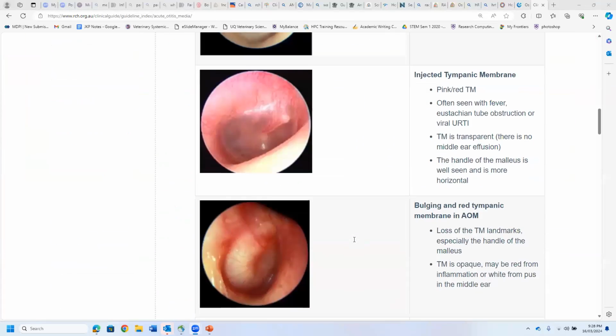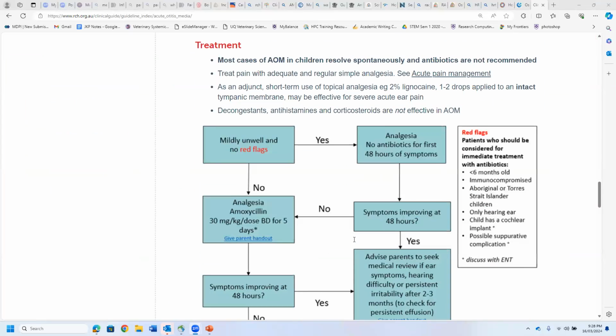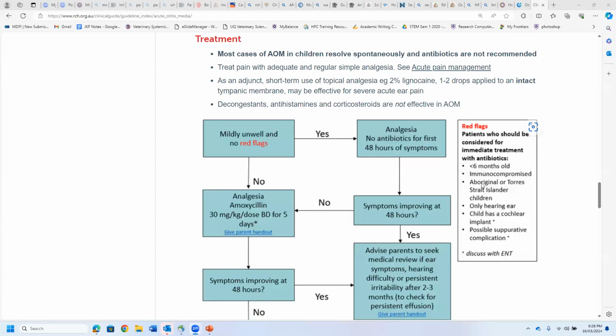So if you look over here, red flags, so Aboriginal and Torres Strait Islander children are at high risk of getting hearing loss.